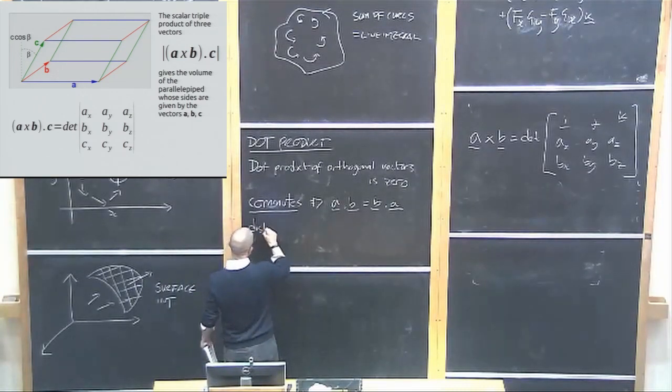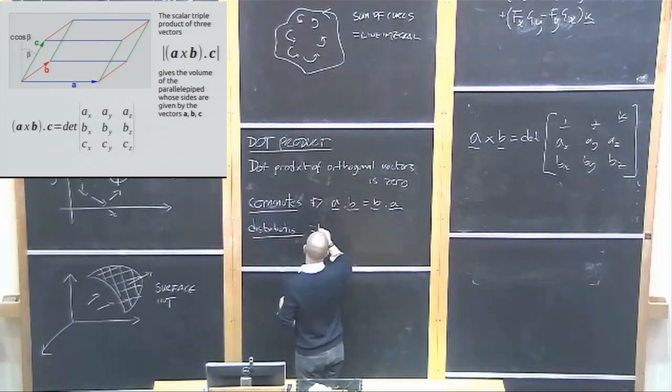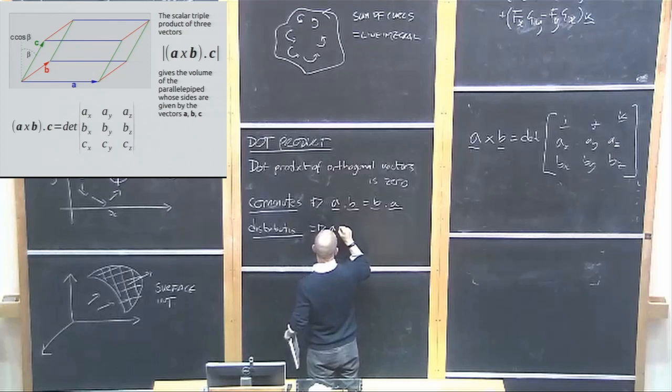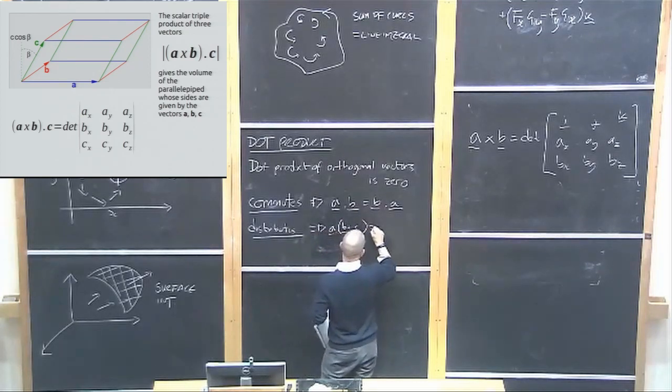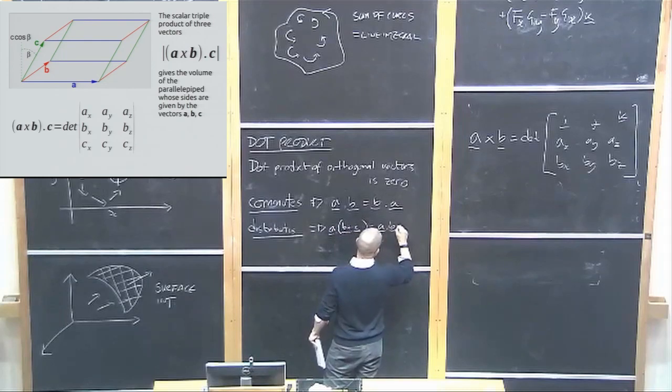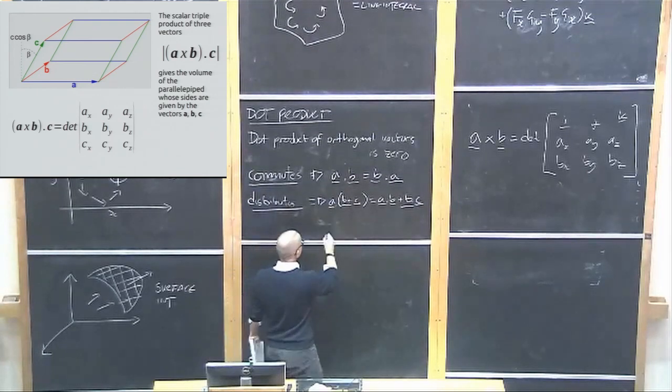It distributes. So this means that A dot (B plus C) equals A dot B plus A dot C. And it multiplies by a scalar.